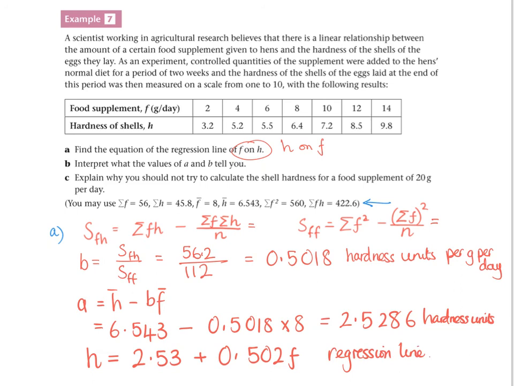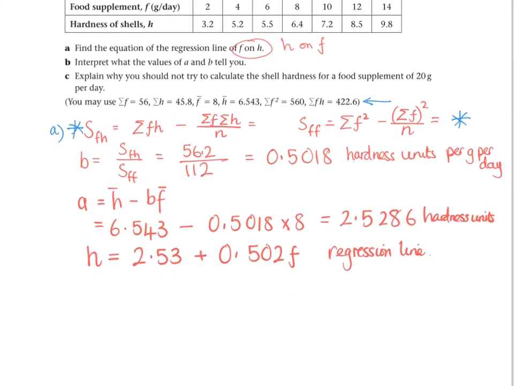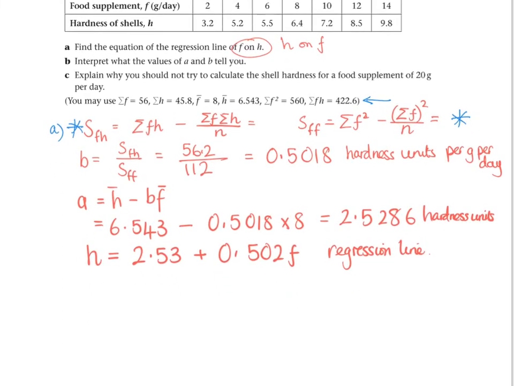If you need to stop the video and have a go at working out those just for a bit of practice, the covariance, and then just taking your time over working the regression line out as well, then that's fine. Right, that was part A. So it's H on F, because H is the subject. So Y on X is Y equals mx plus c, that sort of thing.